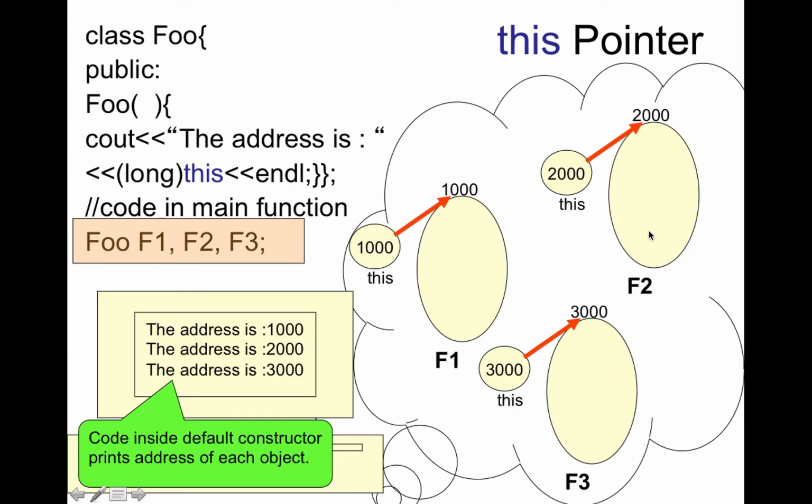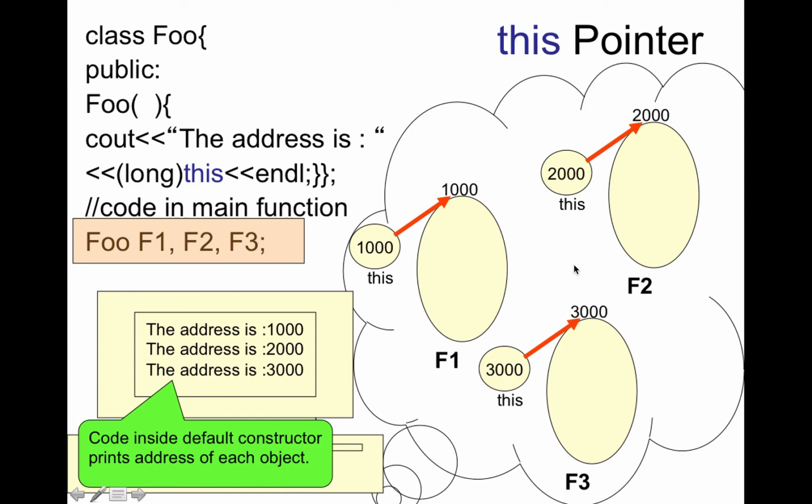If F2 in the main is created using the constructor call and its address is 2000, this pointer for F2 stores that address. And if I create F3, it creates this pointer for that separately, and this pointer is storing the address of that.